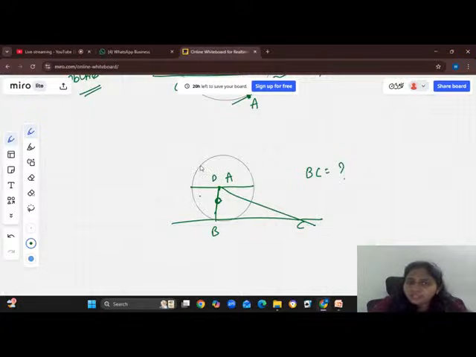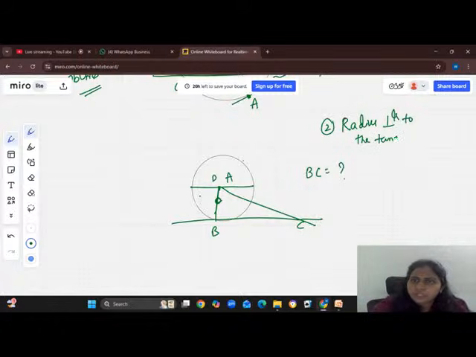A chord is different. A chord joins any two points, but a diameter passes through the center. And another very important point you have to know: the radius is always perpendicular to the tangent. Here it is a radius, here it is a tangent, so the angle will be 90 degrees.